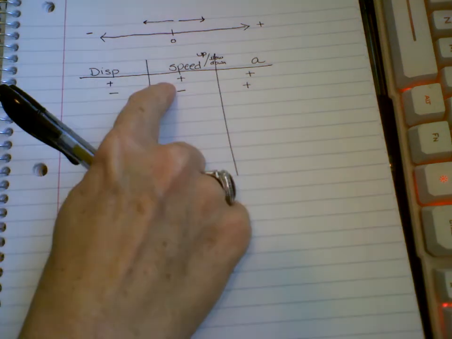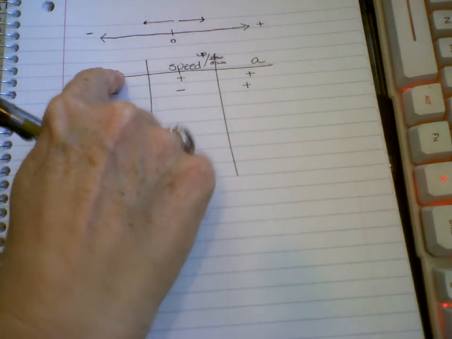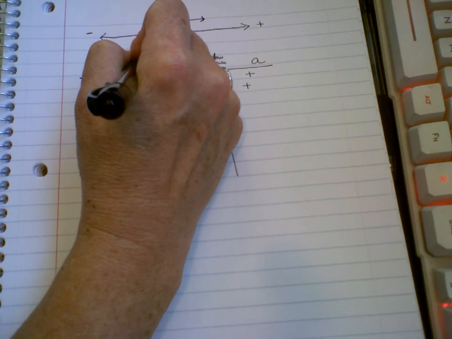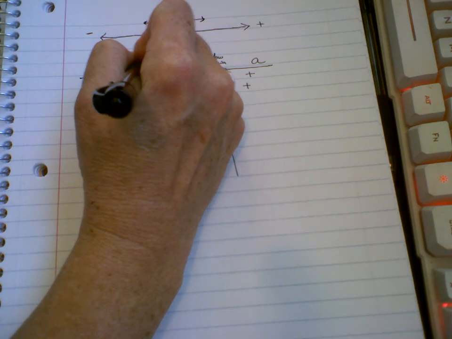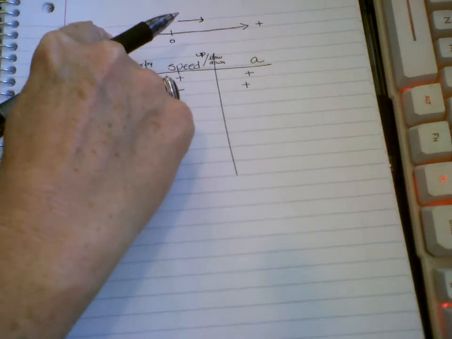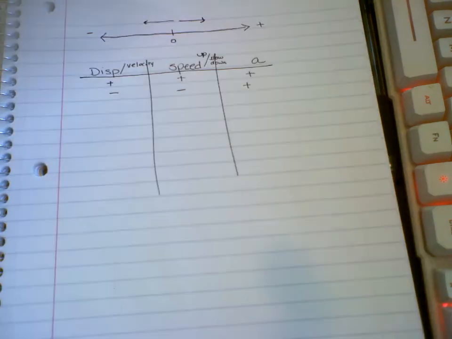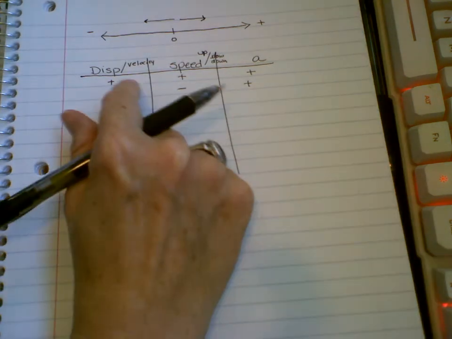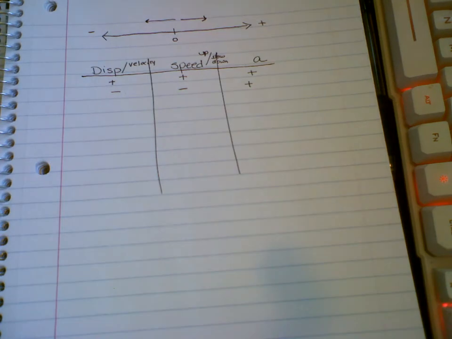Whenever the signs are the same, displacement really refers to your velocity here, because remember, the direction you're moving is very important with velocity too. If you are moving in this direction, you have a negative velocity. If you're moving in this direction, you have a positive velocity, right? So if I'm moving in this direction with positive velocity and I'm speeding up, I have positive acceleration.